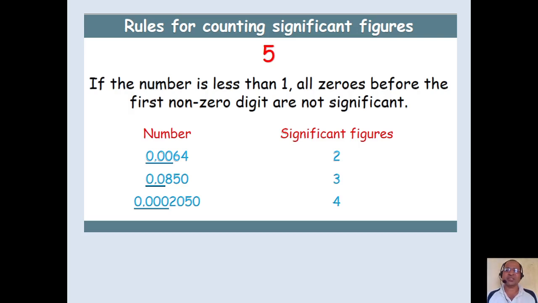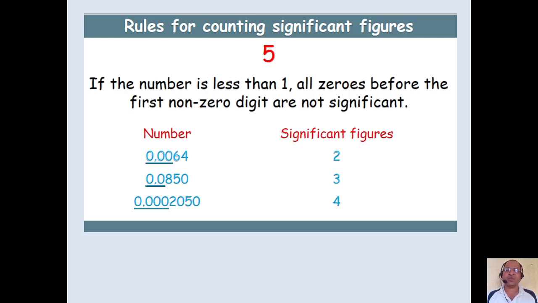In the second example, 0.0850, again there are 3 zeros. Out of that, the first 2 zeros are before the first non-zero digit 8, so these are not significant, but the last zero is a terminal 0, which is significant. So this number has 3 significant figures. Similarly, the third example, 0.000250.